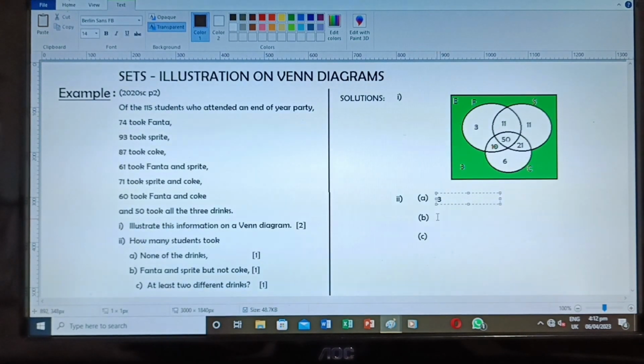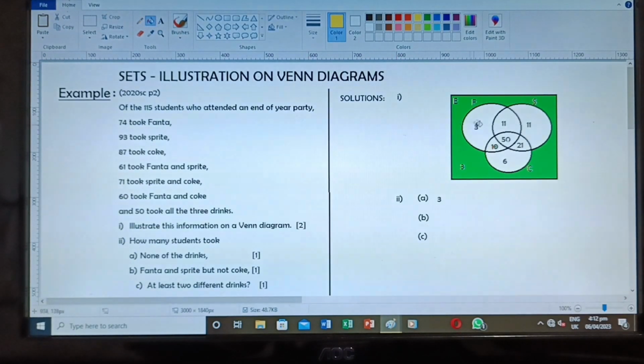Okay, we move on. Here we are told how many students took Fanta and Sprite but not Coke. The region that we are interested in is this one.